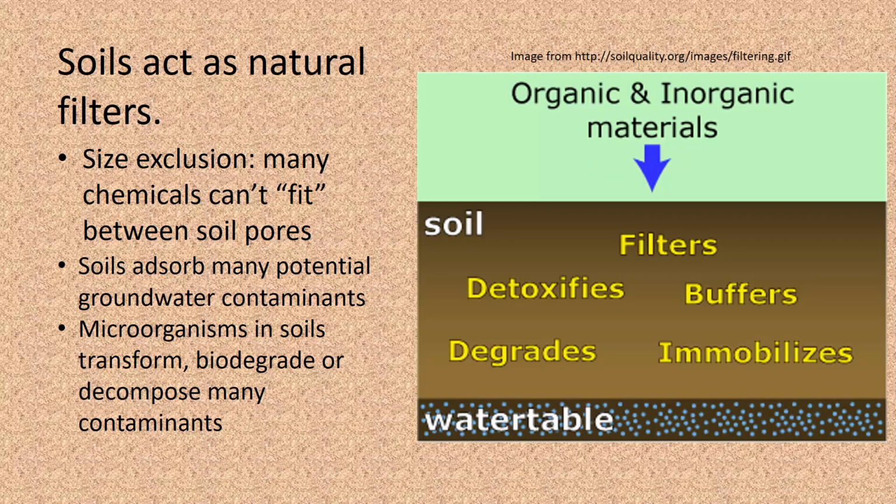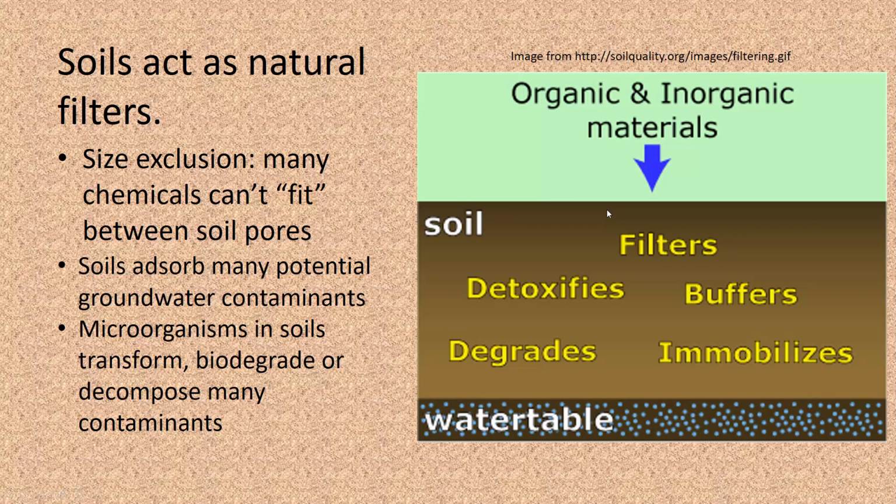How does it act as a natural filter? Well, when water percolates through the soil column, it's important because the water brings with it contaminants and chemicals, but these chemicals, for one, some of them just are too large to fit between soil pores.